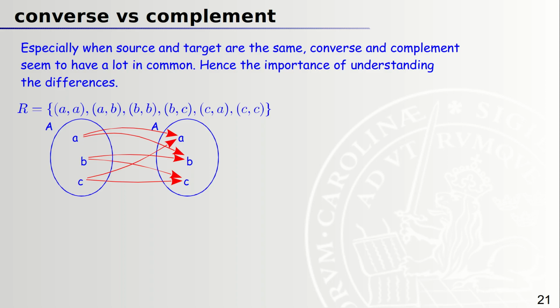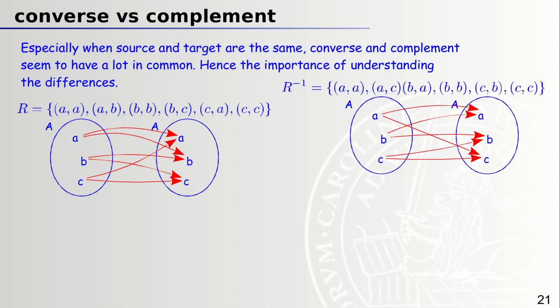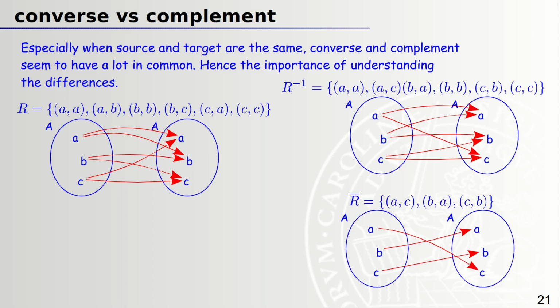So let's look at the differences in the digraph representation. Suppose we have this relation R over A. Its converse, R to the minus 1, looks like this, while its complement, R bar, looks like this.